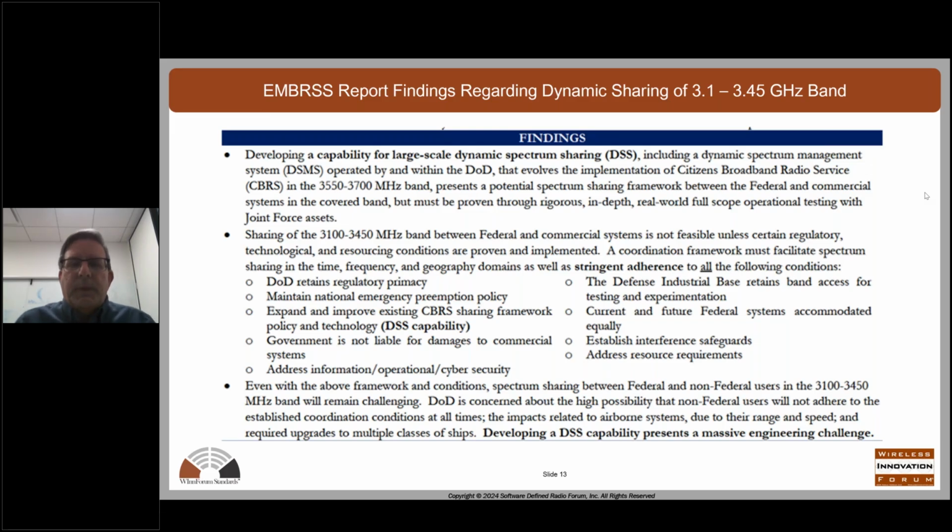The defense industrial base would have to retain band access for testing and experimentation. This is an interesting issue because there are defense contractors, and again, I'm opining here. It's my own thoughts, not those of WInnForum or anybody else. But these are often operated under non-federal government GMF entries.